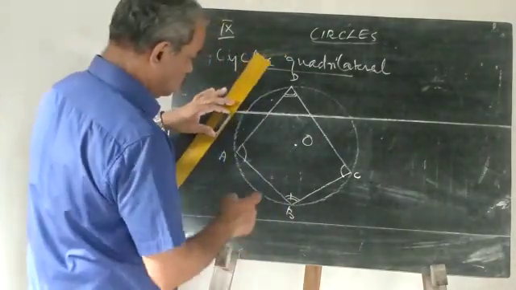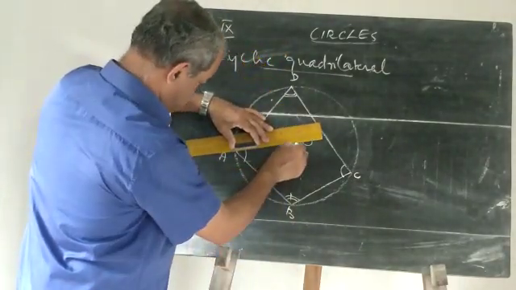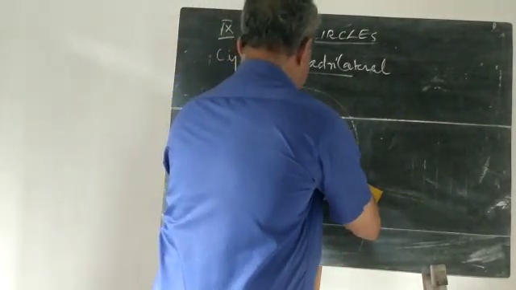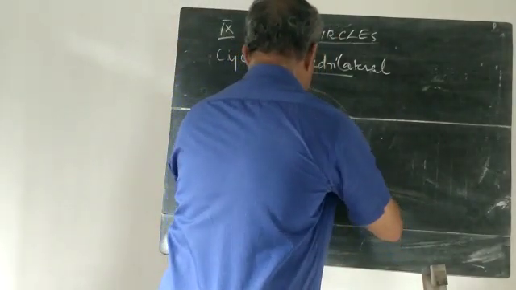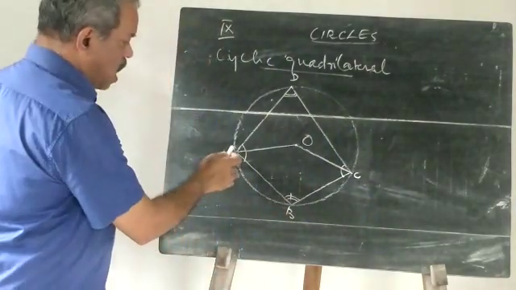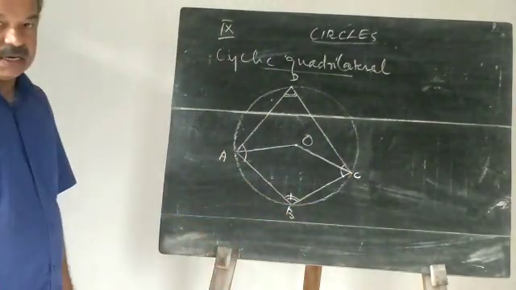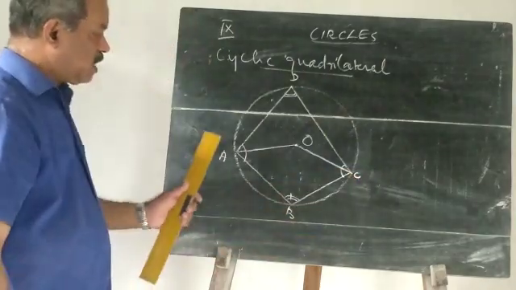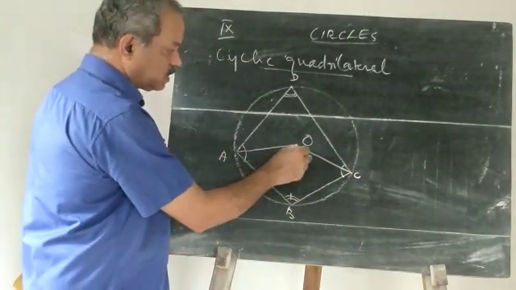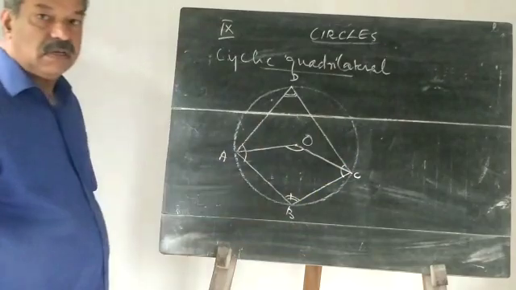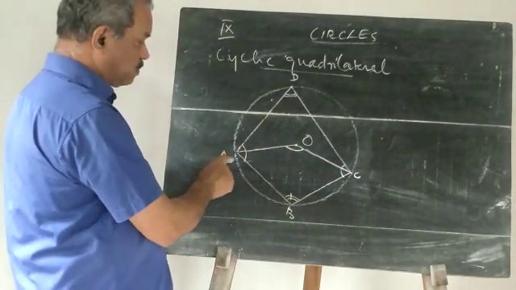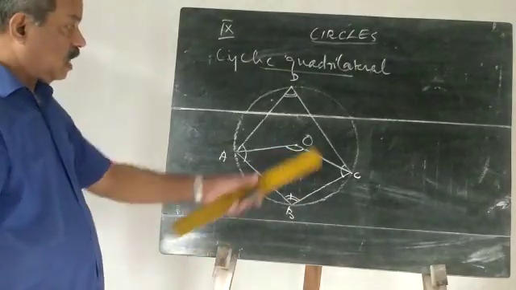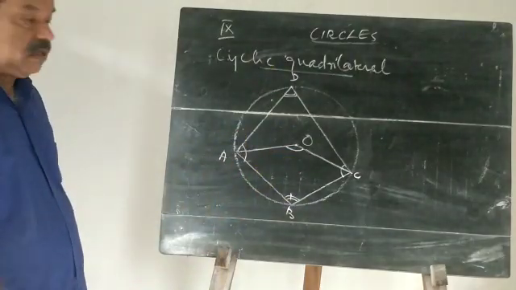Central angle. Consider arc ABC. What is the angle subtended by arc ABC at the center? This. Which is the angle subtended by arc ABC on the other part of the circle?